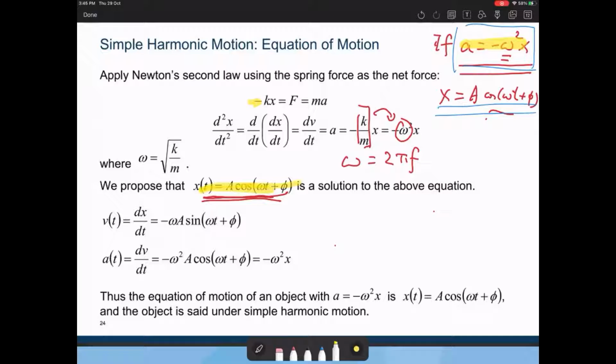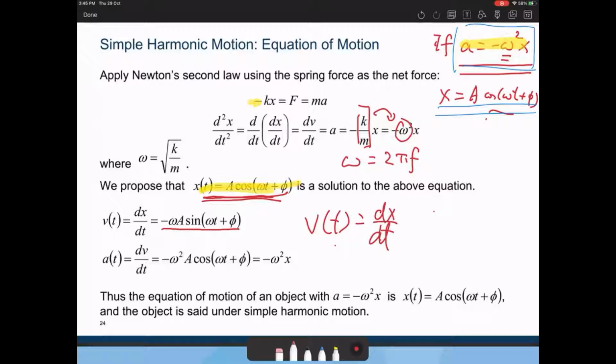For students who learn about calculus, they would recognize that velocity for any motion is equal to dx over dt. And the differentiation of a cosine function would lead to a minus sine function. So this would be the solution for the velocity.